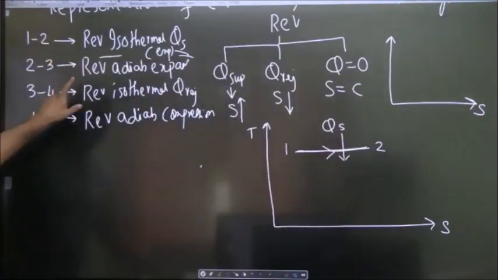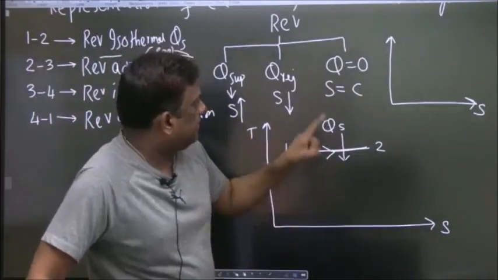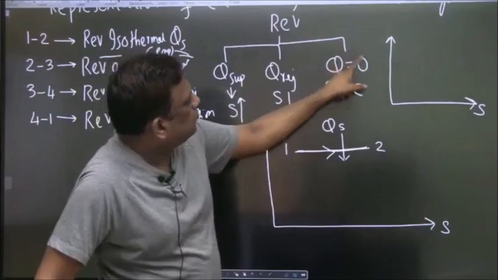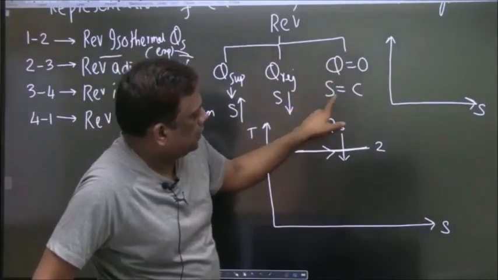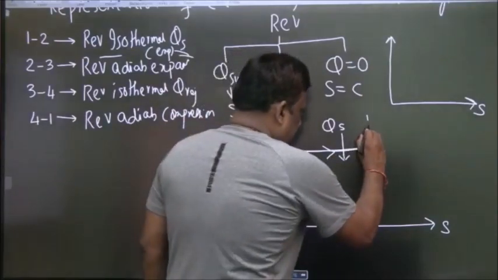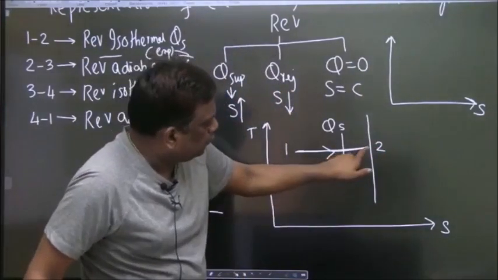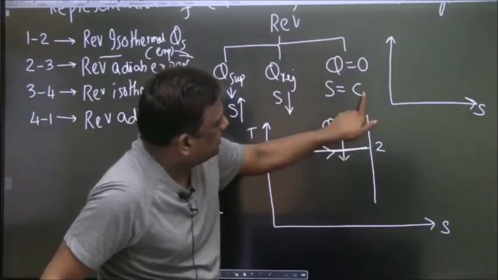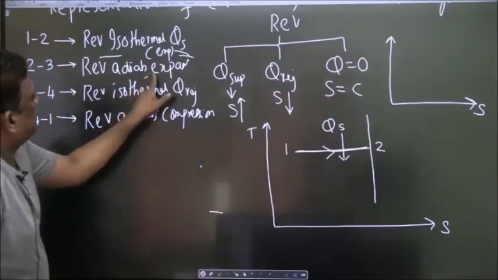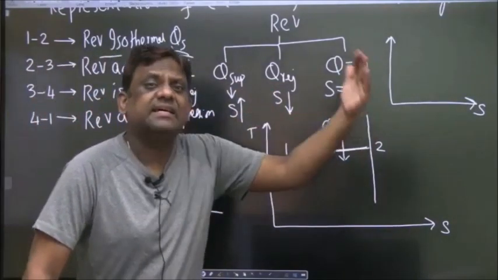Now, 2 to 3, reversible adiabatic. You know very well, reversible with no heat transfer is adiabatic. Entropy is constant, which means it has to be a vertical line. Now observe carefully. From 2, the point can move upwards or downwards. But it is adiabatic expansion, and in expansion the temperature decreases.